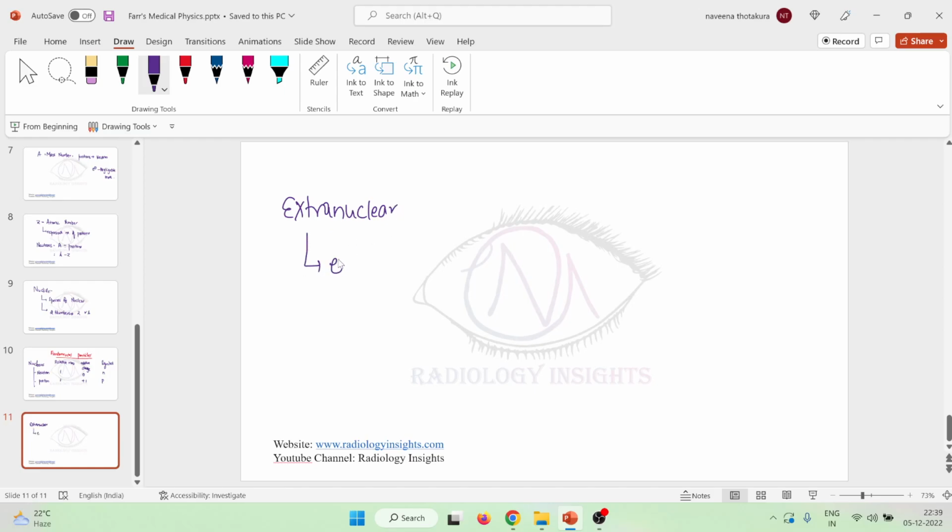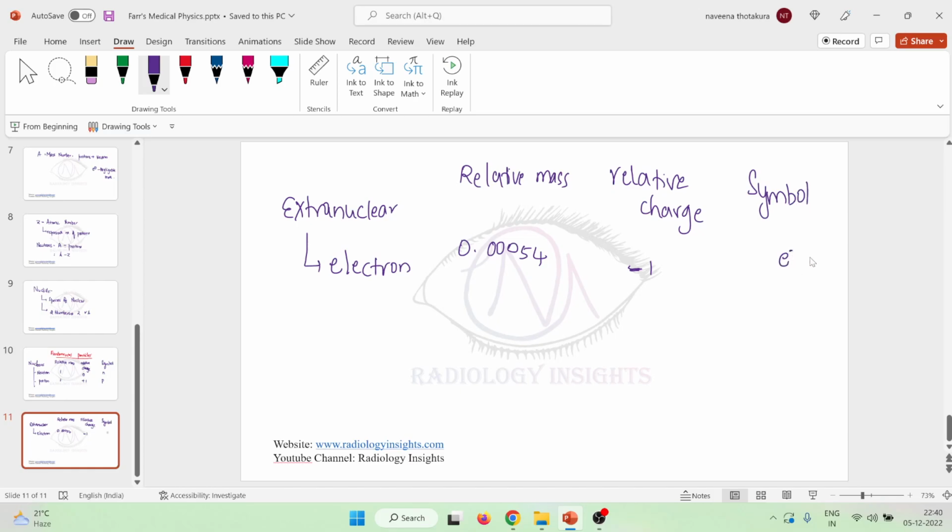The relative mass of electron is very, very less, that is 0.00054, very less compared to either proton or neutron. The charge of electron is -1, and the symbol of electron is e minus or beta minus.